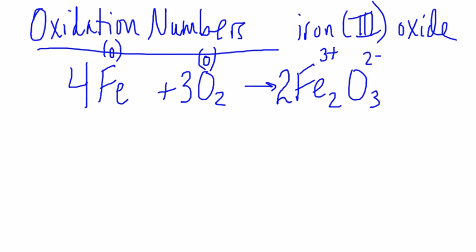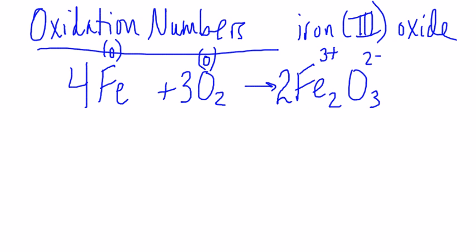In this case, all of the atoms are now balanced. Looking at this, we see that the iron goes from 0 to positive 3, and the oxygen goes from 0 to negative 2. The iron has been oxidized, it has undergone a loss of electrons, and the oxygen has been reduced. It has experienced a gain of electrons.